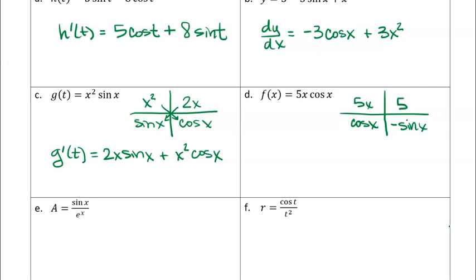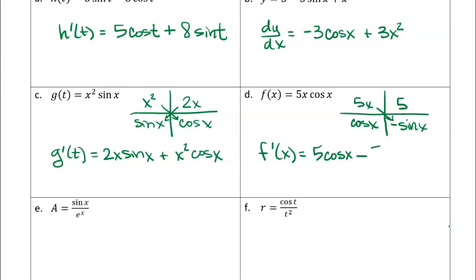All right, now the derivative f prime of x is going to be the derivative of the first times the second, plus, now it's plus, but I know that the derivative of cosine is negative sine, and when I multiply these two together, this diagonal right here, which is the first times the derivative of the second, I'm going to have plus a negative, so it's going to be minus.